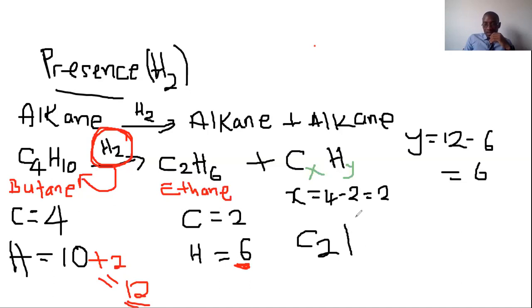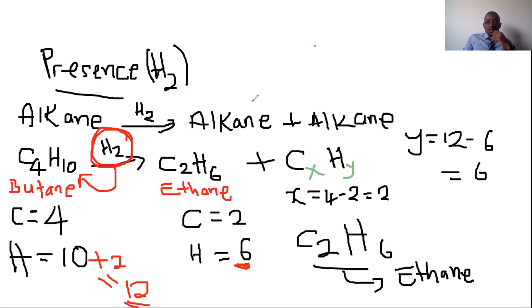Therefore the product is C2H6, which is also known as ethane. So the cracking in the presence of hydrogen produces alkane. This is an alkane and this is an alkane. So that is the cracking in the presence of hydrogen.